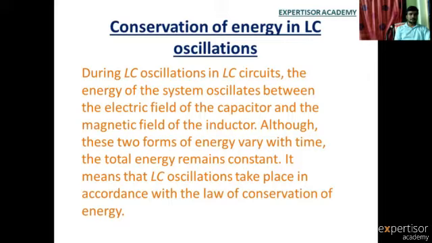Here, energy is moving from capacitor to inductor, or magnetic field to electric field. So the magnetic field is generated at the inductor, the electric field is generated at the capacitor.